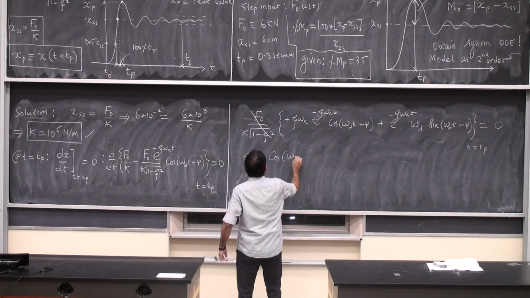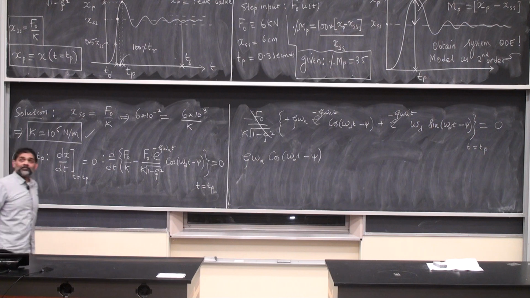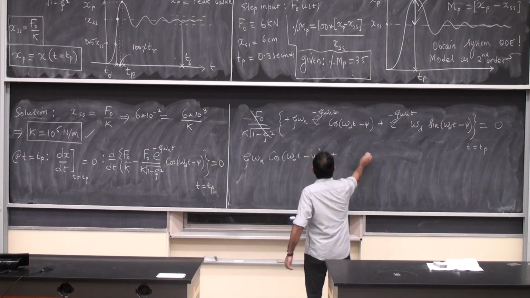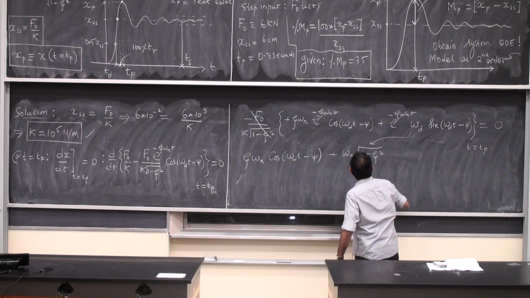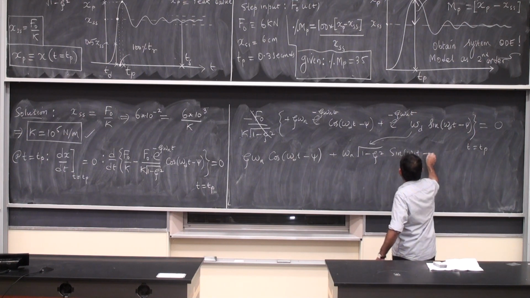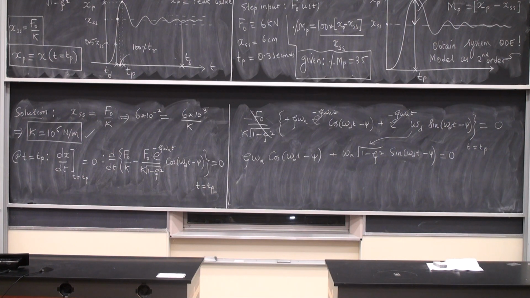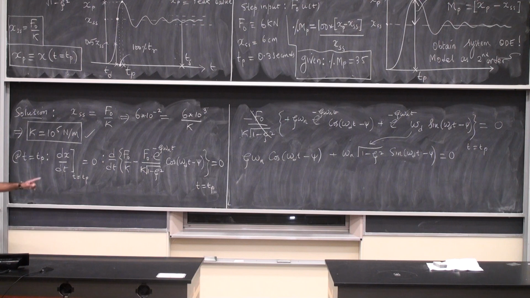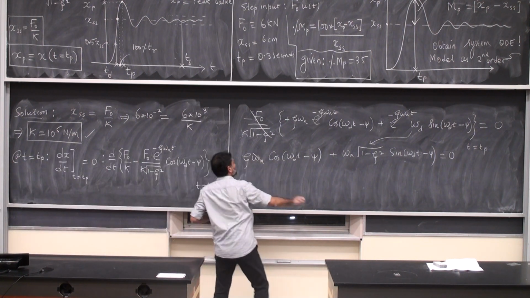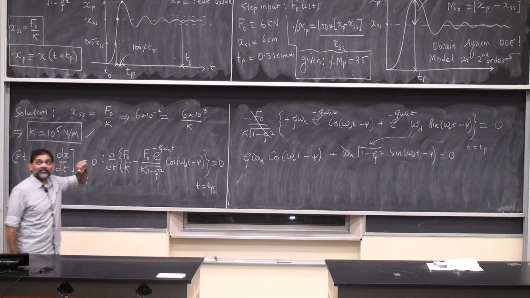Then cosine of omega d t minus psi plus omega d, which is the following. Which is omega d sine of omega d t minus psi is equal to 0. Omega n is a common factor, get that out. I have sine omega d t minus psi, cosine omega d t minus psi, rearrange the furniture, I get the following.